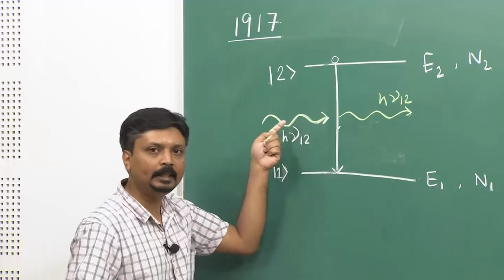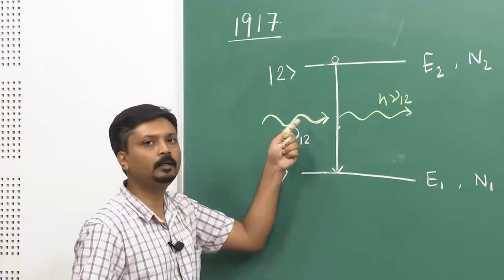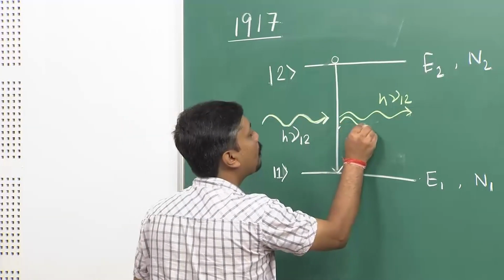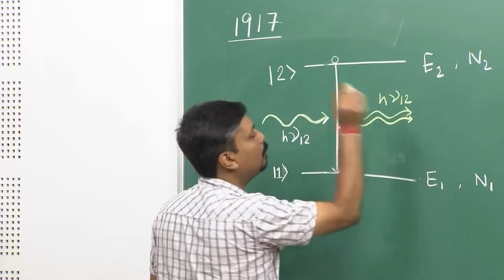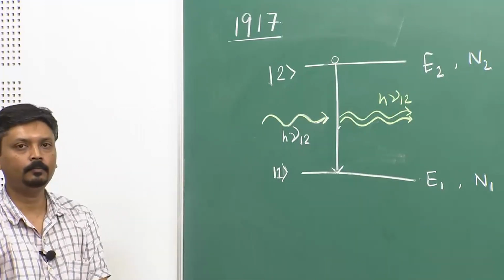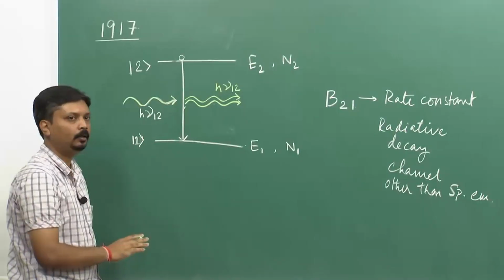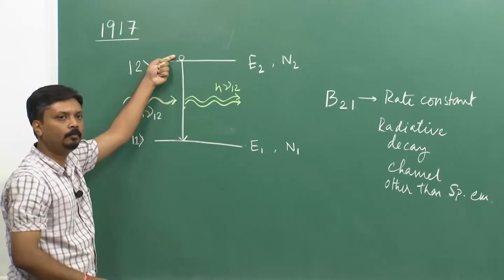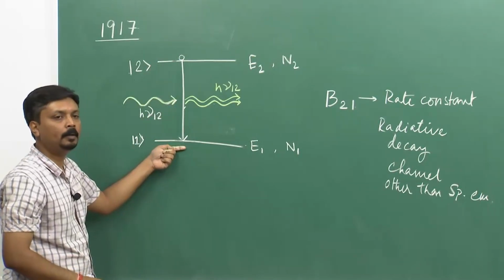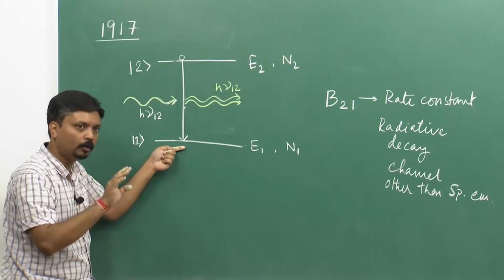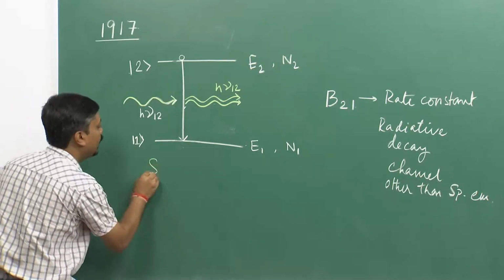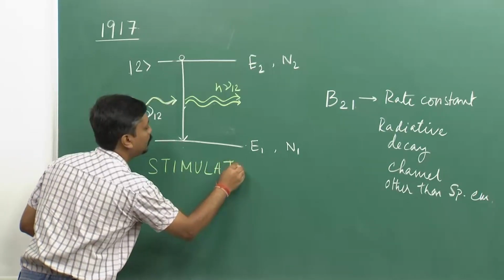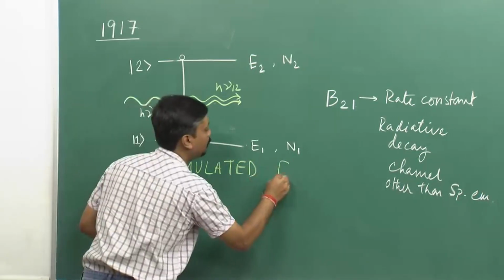So the exciting photon is coming out undisturbed, and this process of creating a decay of an excited atom to the ground state by using another photon is known as stimulated emission.